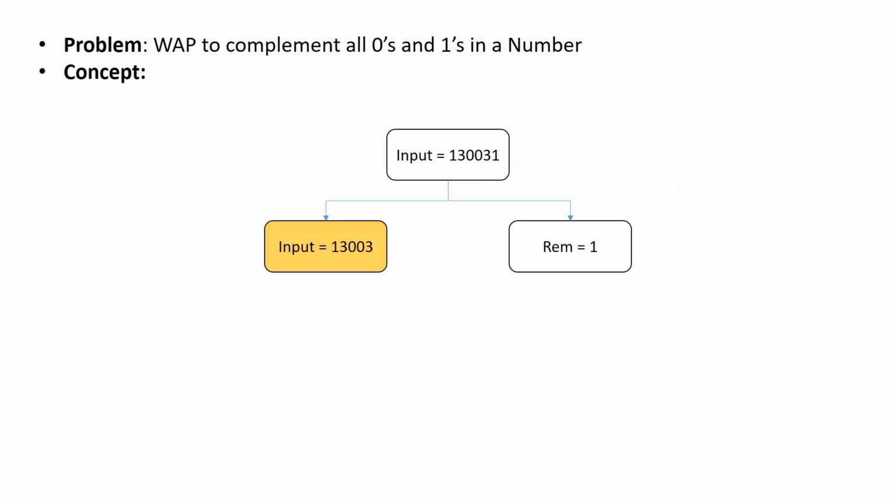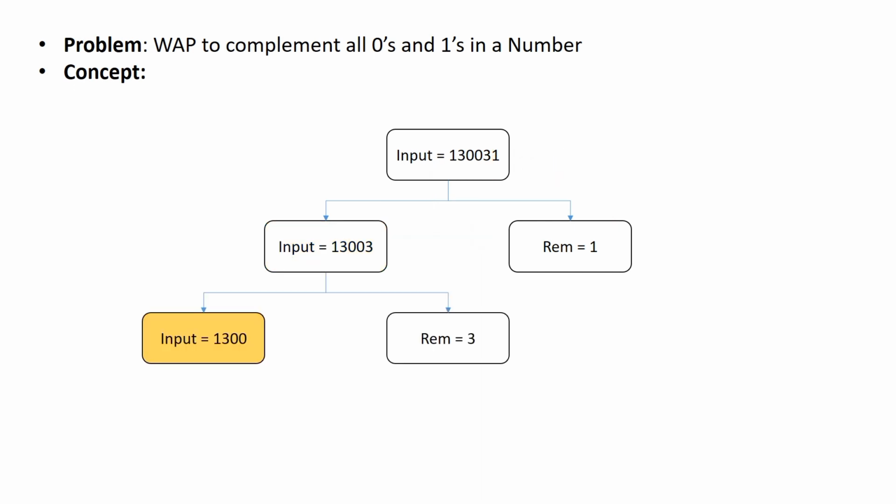First we take input mod 10, which will give us a remainder value 1, and the same input we divide by 10. This gives the dividend which will be the input to the next iteration, when the function calls itself the next time.